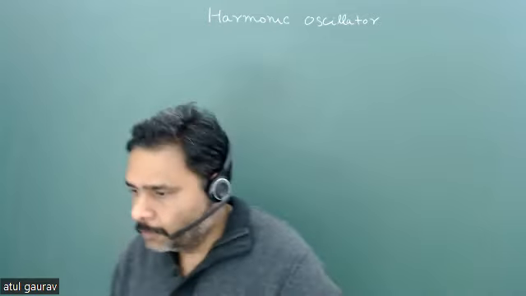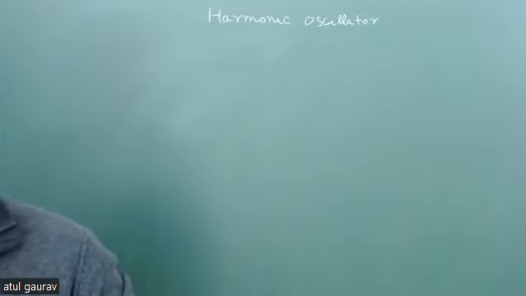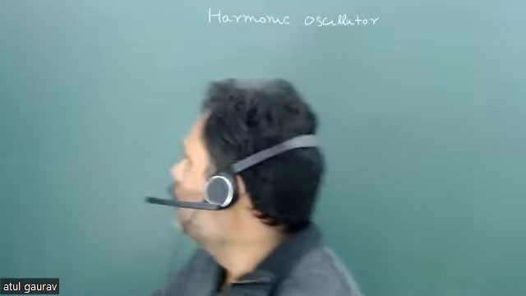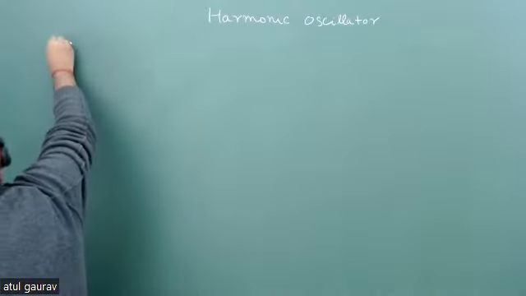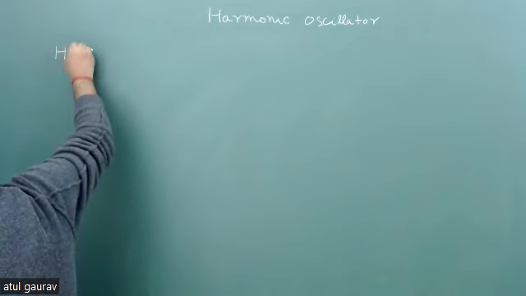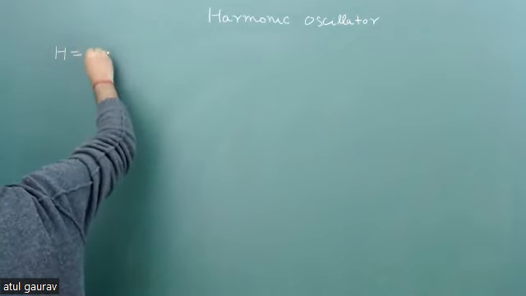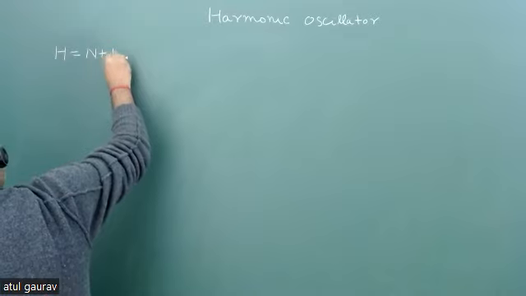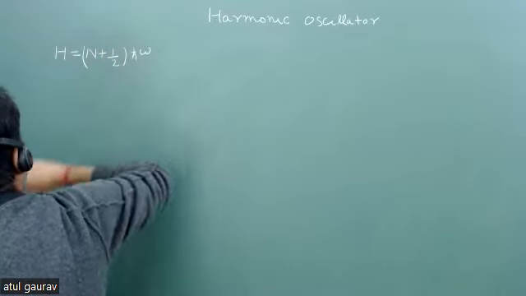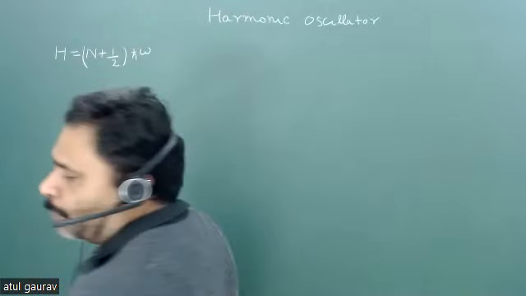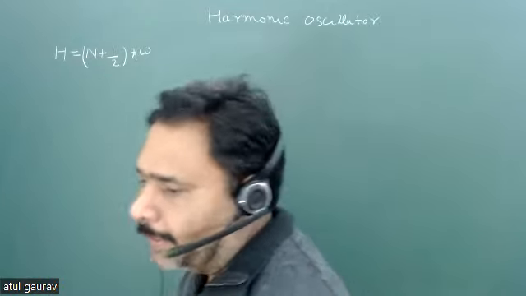Okay, good. So, what we have done in the last class, we have developed an operator method, and now our Hamiltonian can be written as (n plus half) h cut omega, where n is the operator which is popularly known as the number operator.